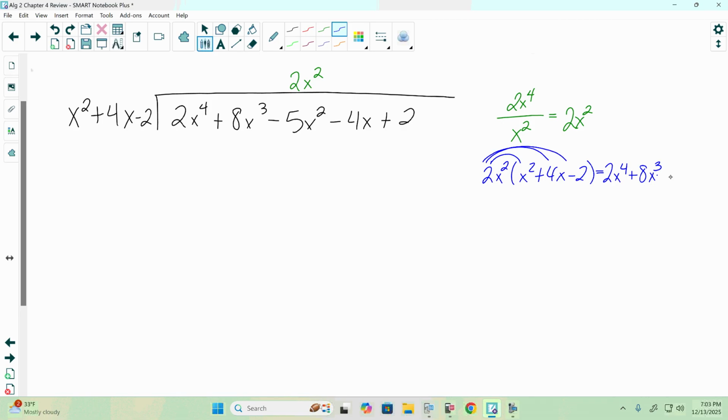And 2x times negative 2 is going to be negative 4x squared. And we're going to take this and put it underneath. They're like terms. 2x to the 4th plus 8x cubed minus 4x squared. And then we're going to subtract.